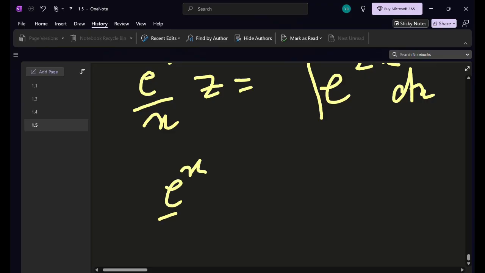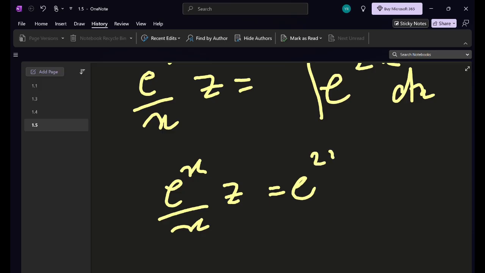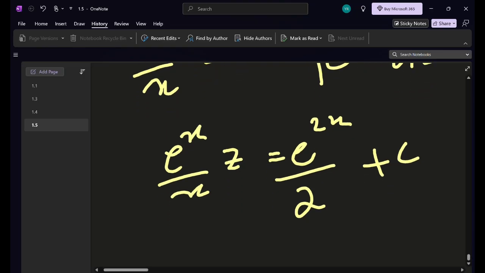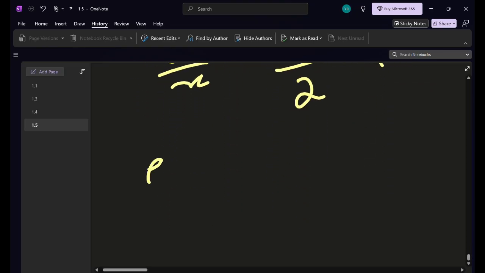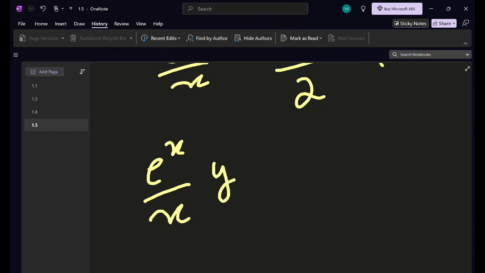Now integrating this, we get e^x/x z is equal to e^(2x)/2 plus c, and then we get e^x/x y².